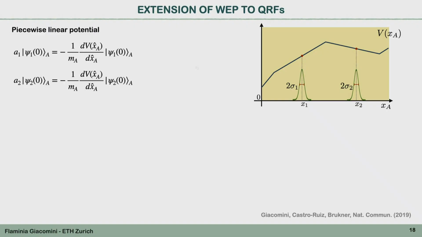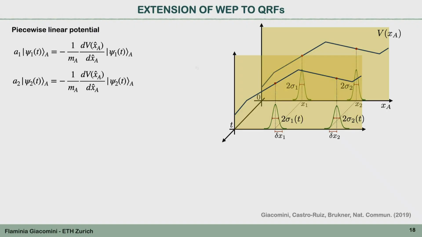Now our assumption is that for the whole duration of this experiment, the state could spread out, but it is going to stay in the same slope from where it started.